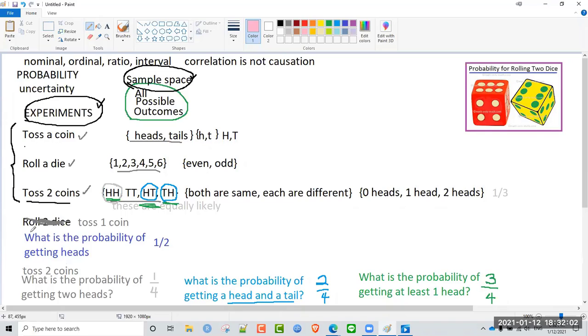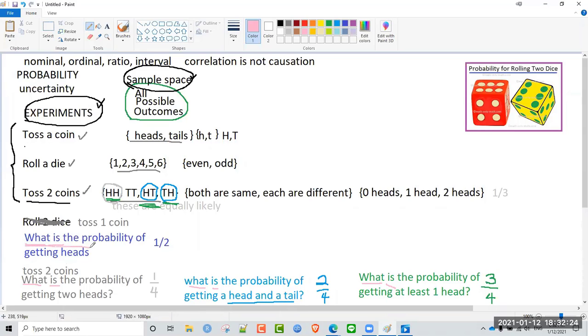Probability. Let's see, the word what is in all of them, right? What else is in all of them? Is. The probability of. So what's common to all of these?